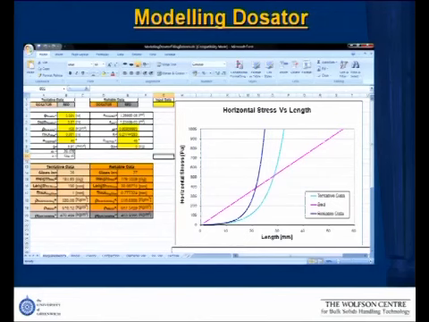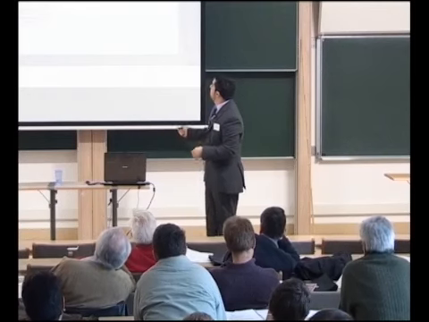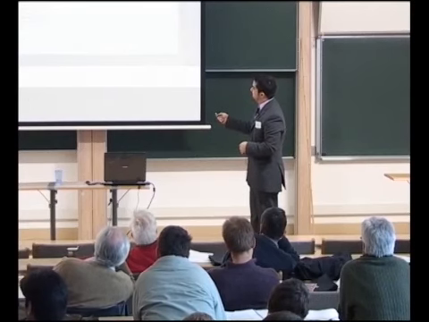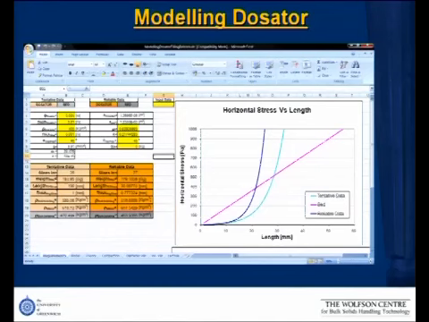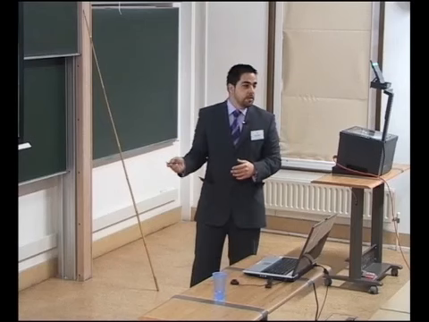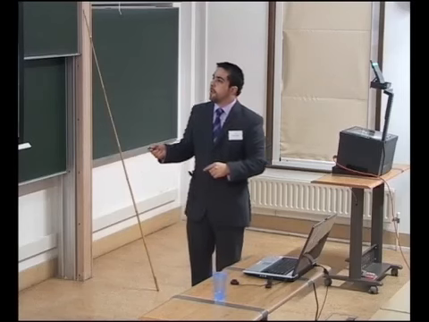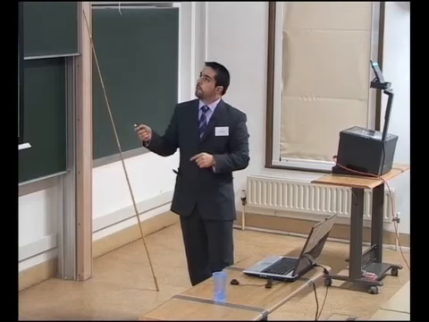So this is roughly how it looks. I haven't finished the model. Here you put some dimension parameters, such as the diameter of the dosator, and then you take some characteristics from the bulk solid characterization, such as the angle of wall friction, the internal friction, and many others. In this graph, we have horizontal stress in Pa on this axis and length of the dosator on this axis.